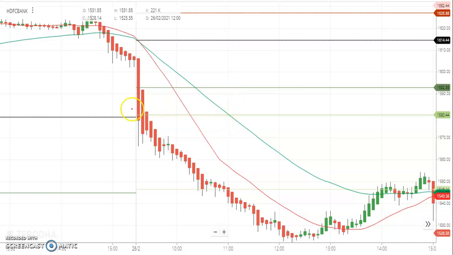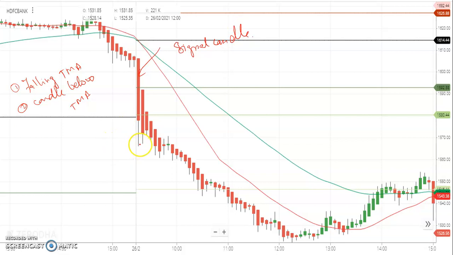This is the example for falling TMA. First thing, it's a falling TMA. Second, the candle is below the TMA. So this is the signal candle. When the signal candle breaks, this is the entry candle.